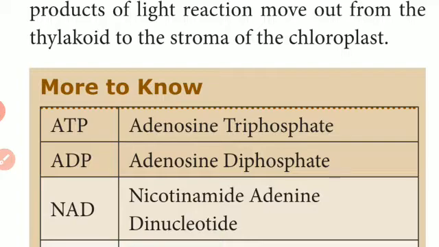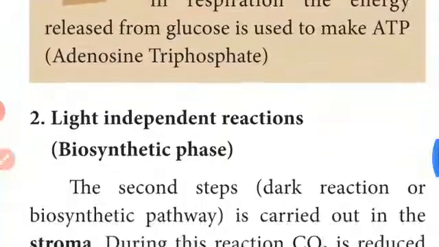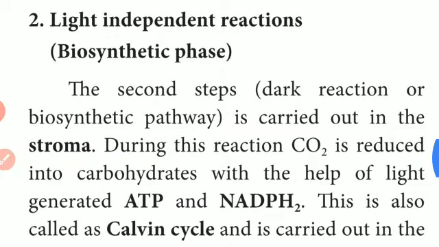That is the difference between ATP and ADP. The light independent reactions we call the biosynthetic phase. The second step, dark reactions or the biosynthetic pathway, is carried out in the stroma. The stroma is always present in the chloroplast.